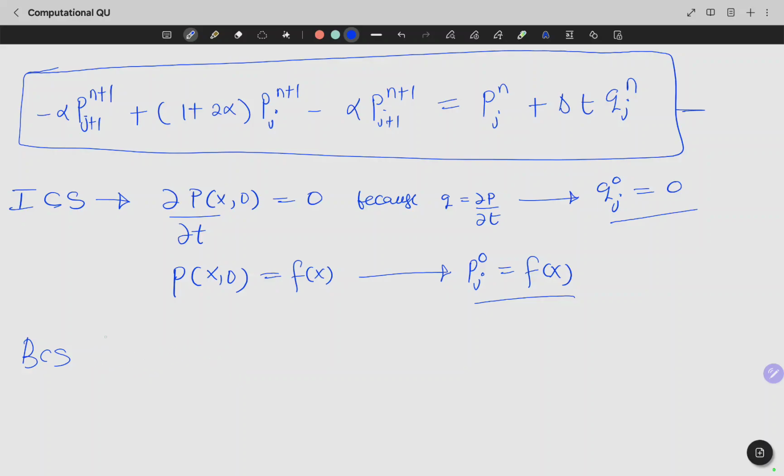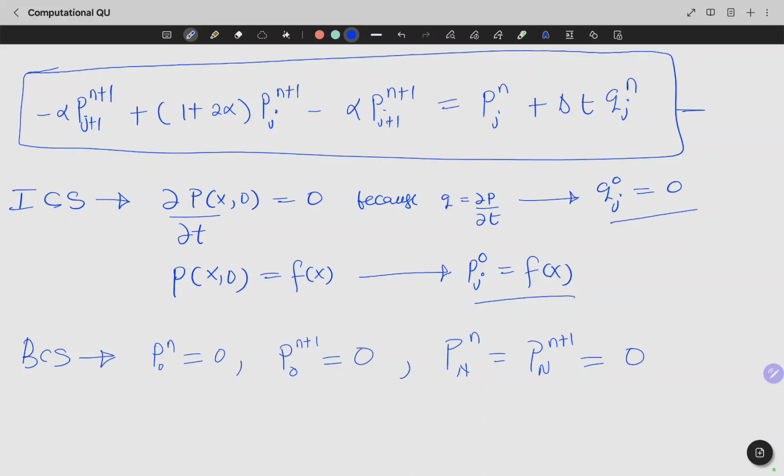We have to look at the boundary conditions properly. But first let's do it. P_0^n equals 0, P_0^(n+1) equals 0, P_N^n equals P_N^(n+1) equals 0.